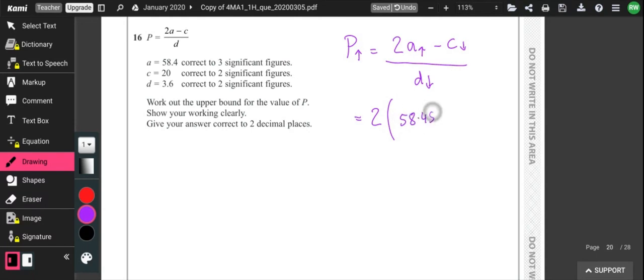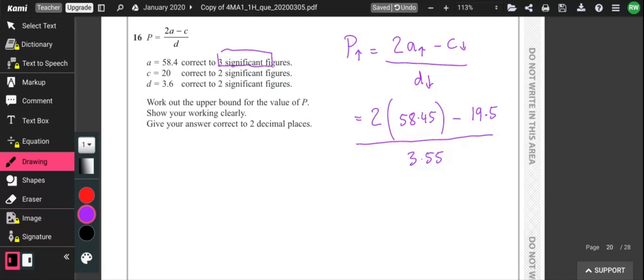58.45. And we're going to subtract the smallest value of c to 2 significant figures, which is 19.5. And we're going to divide that by the smallest d to 3 significant figures, which is 3.55. So whenever you're looking at the bounds, you go to your accuracy, so 3 significant figures, so you would go to the next decimal place in this case.